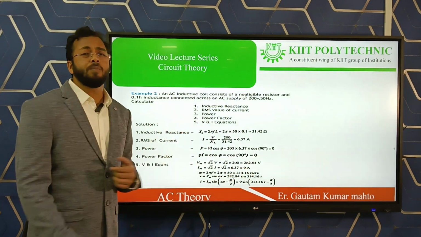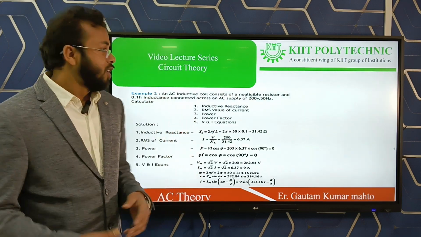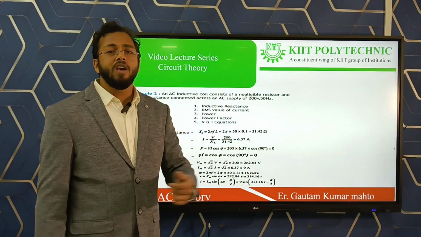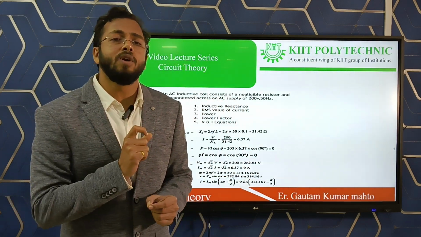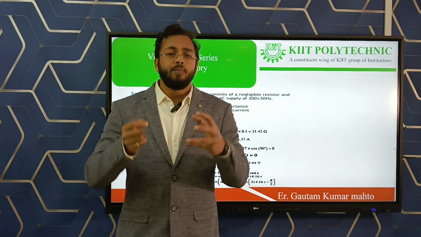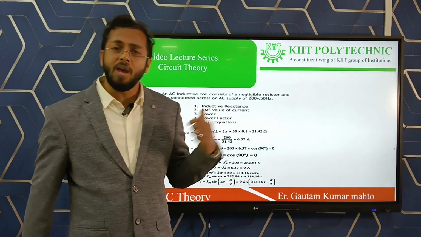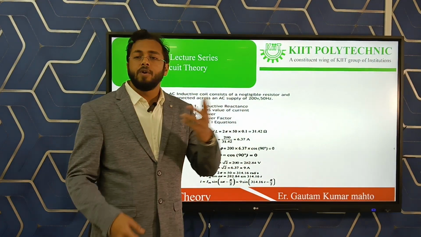Next we have to discuss the power. As I already discussed with you, VI cos phi is the power, and cos phi is the power factor. We can find cos phi by taking the phase difference between the voltage and current. Between the voltage and current, the phase difference is pi by 2, and everybody knows cos pi by 2 is 0.